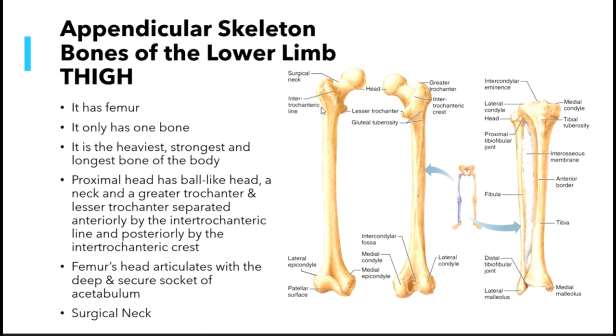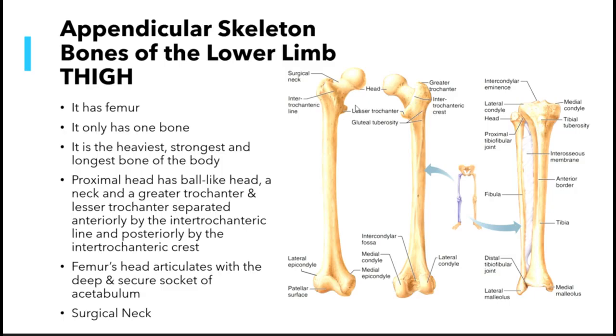The intertrochanteric line, with the intertrochanteric crest mentioned here, and the gluteal tuberosity, this one, all serve as sites for muscle attachment. Again, the intertrochanteric line, the intertrochanteric crest, and the greater tuberosity provide attachment for muscles.